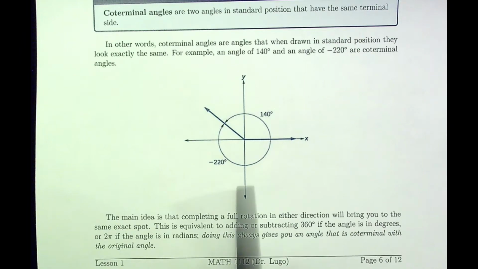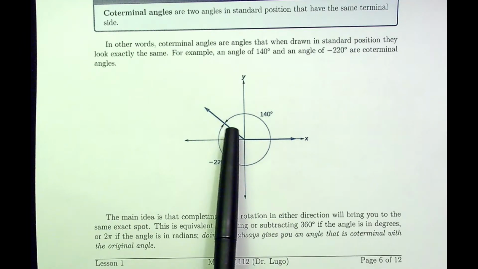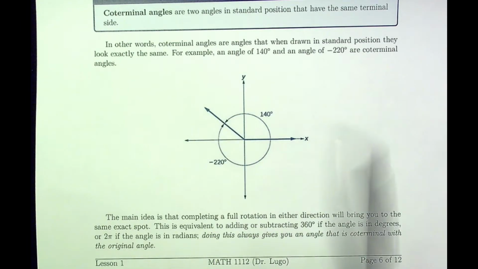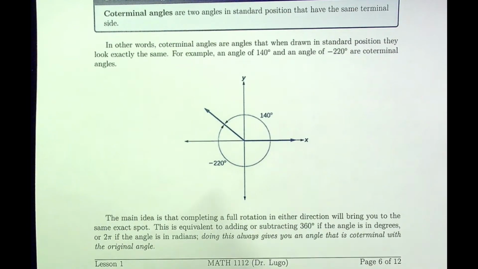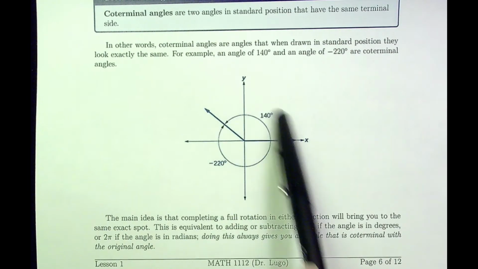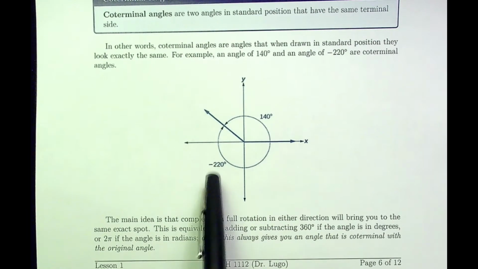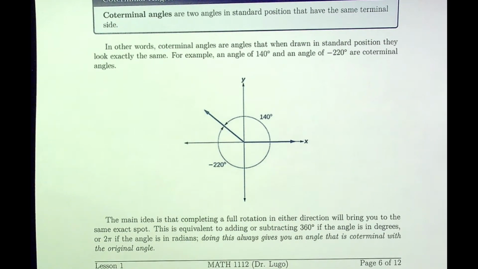And in this particular example, if you take 140 and you subtract 360, subtracting means you're going in the negative direction. So if you take 140 and you subtract 360, you can do it in a calculator, you get precisely negative 220.